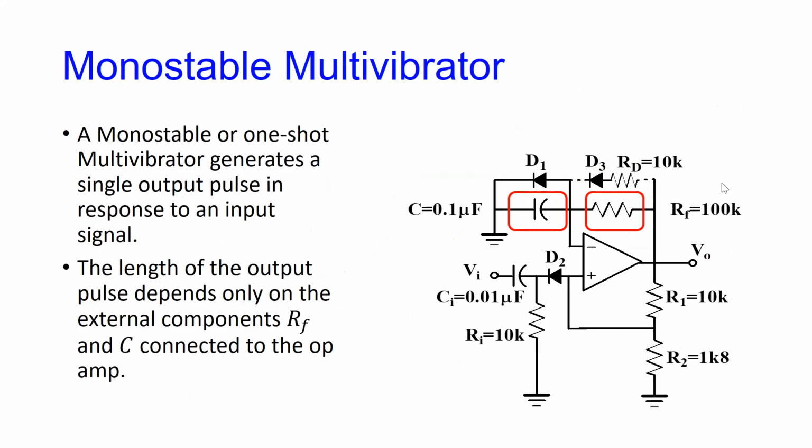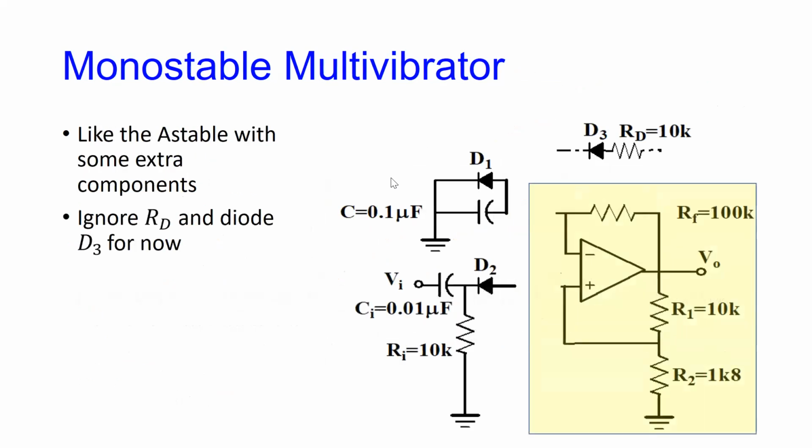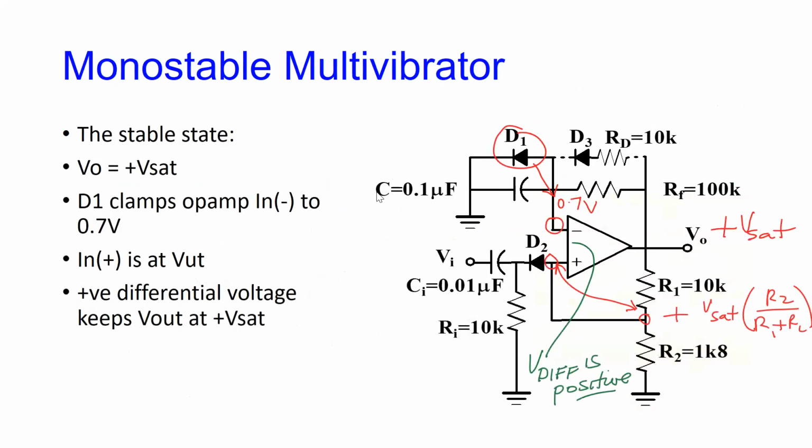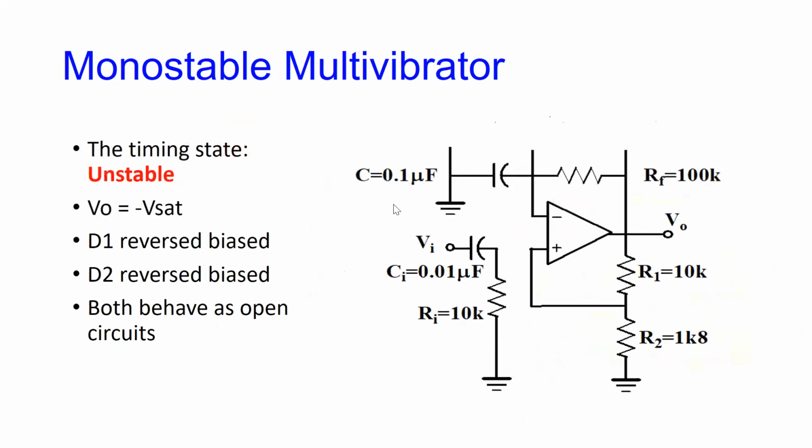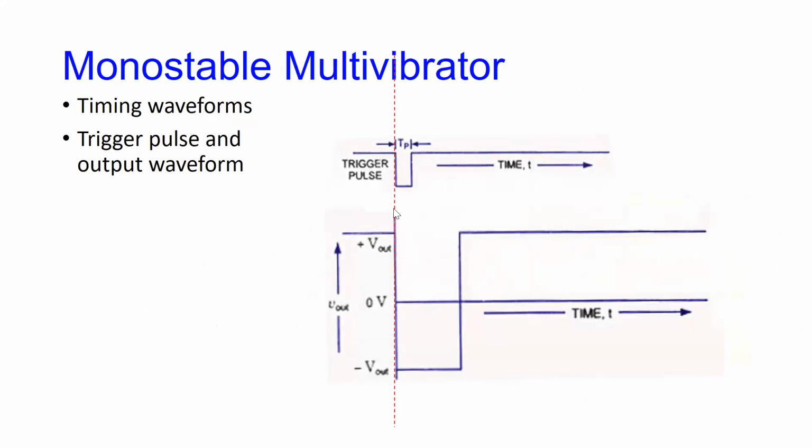The monostable, once you turn it on, because of how it's wired and the diodes and so on, it will be at negative VSAT and stick there until you do something for it. So it will be in minus V out until you tell it to do something.